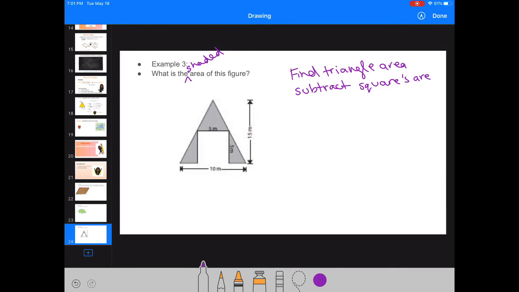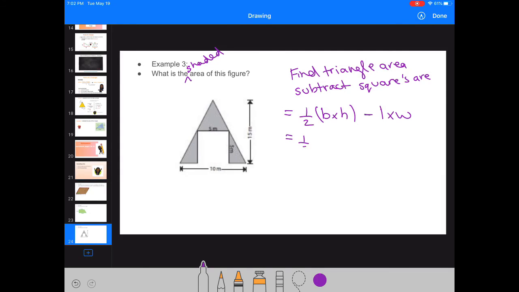It's taken away. So that's half of base times height, subtract the square, which is length times width.